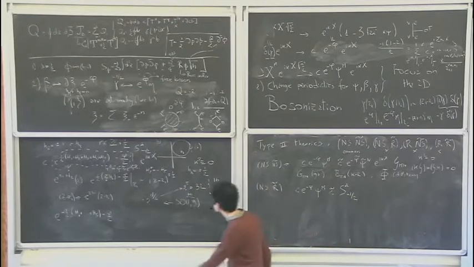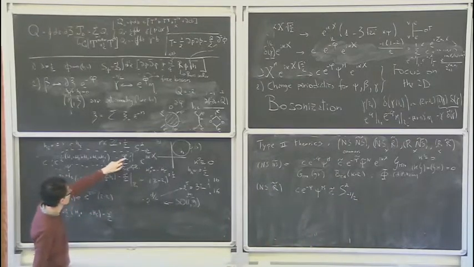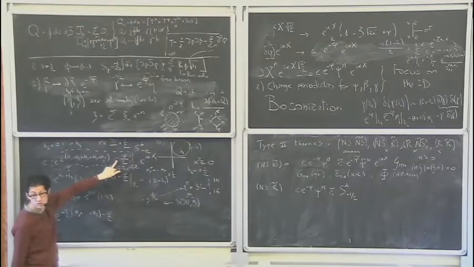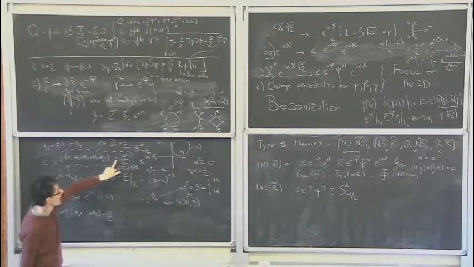So let me explain what the rationale is for these names. This minus 1/2 takes care of this ghost number. Right? It's just telling me the value of H6.